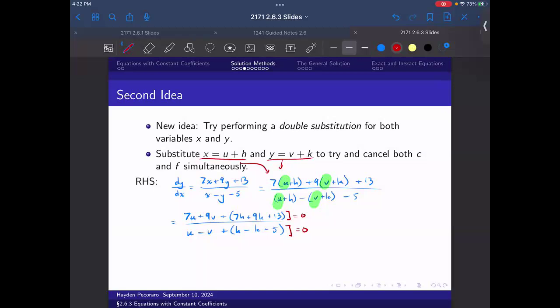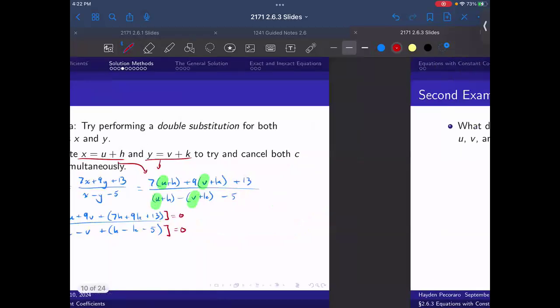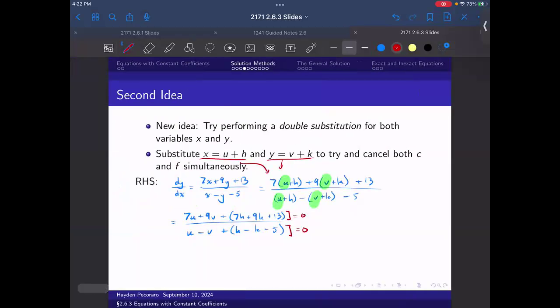Okay, so given this, let's see if I gave myself space. I did not. I thought I gave myself space on this one. That's fine. We want to solve this for h and k. So we have 7h plus 9k equals minus 13, and h minus k equals 5.